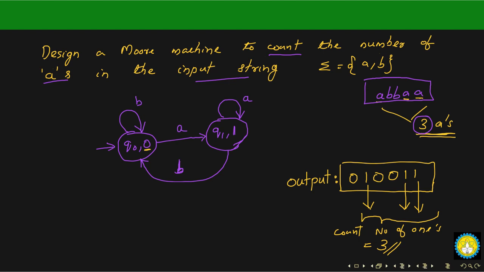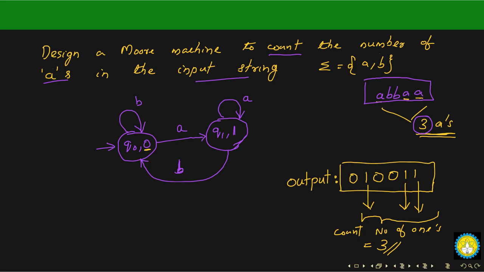So this is a very ingenious way of designing a Moore machine, which will actually have a way of counting the number of A's in the input string. If you are asked to count the number of B's in the input string, this is going to be very easy. The only thing that you need to do is replace all B's with A's and all A's with B's.